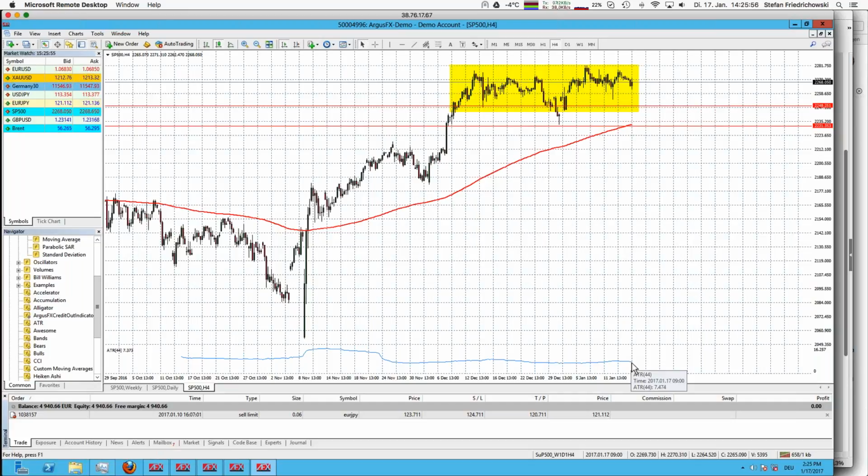And something which is always a good idea is to have ATR multipliers of 2 or 3. So let's think about an ATR multiplier of 3 in this case. That would mean our 7.5 would be multiplied with 3, and this would result in 22.5.